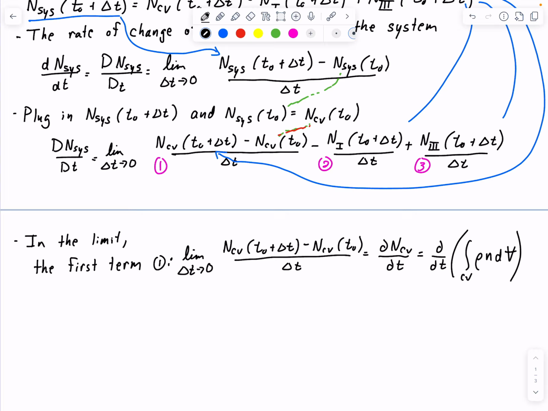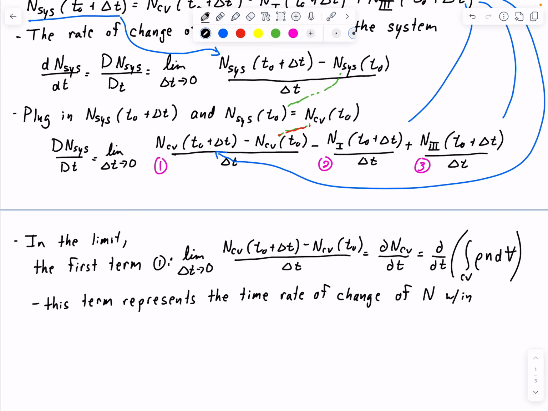And so what this term represents is the time rate of change of your extensive property N within the control volume.